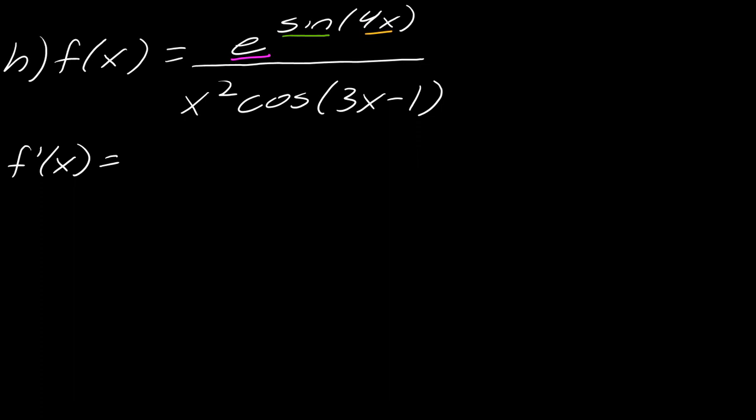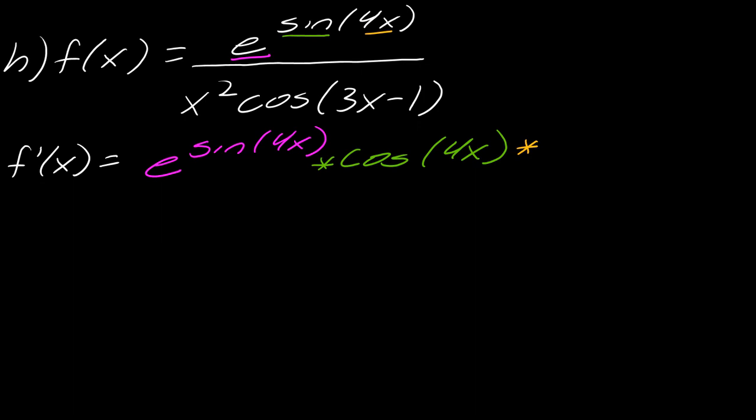So let's go ahead and take this derivative. The derivative of e is just e, so this is e to the sine of 4x. Now I multiply that by the derivative of the next function in. The derivative of sine is cosine, and then I leave the inside intact. Then I finally multiply this by the derivative of the innermost function, which is just 4.